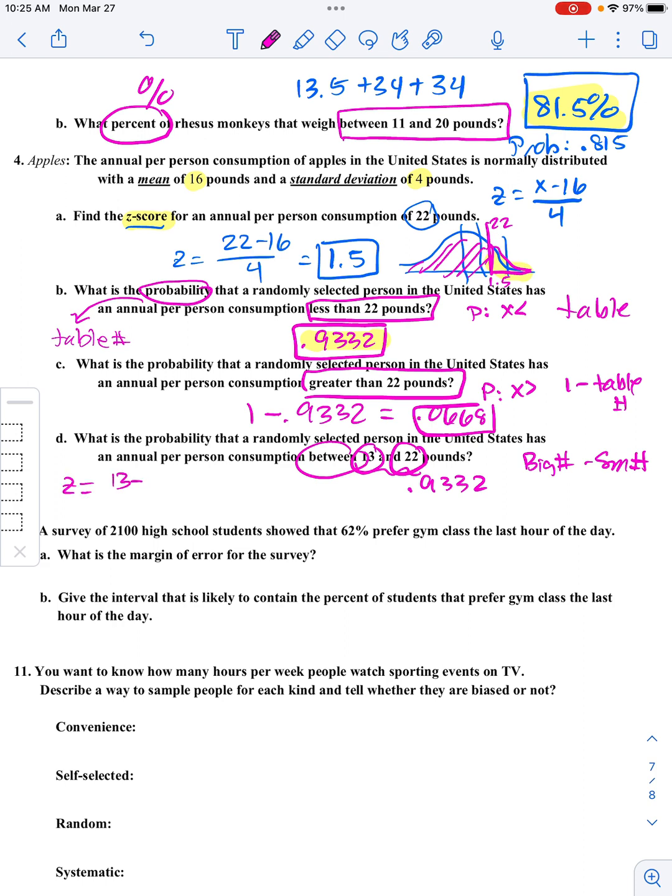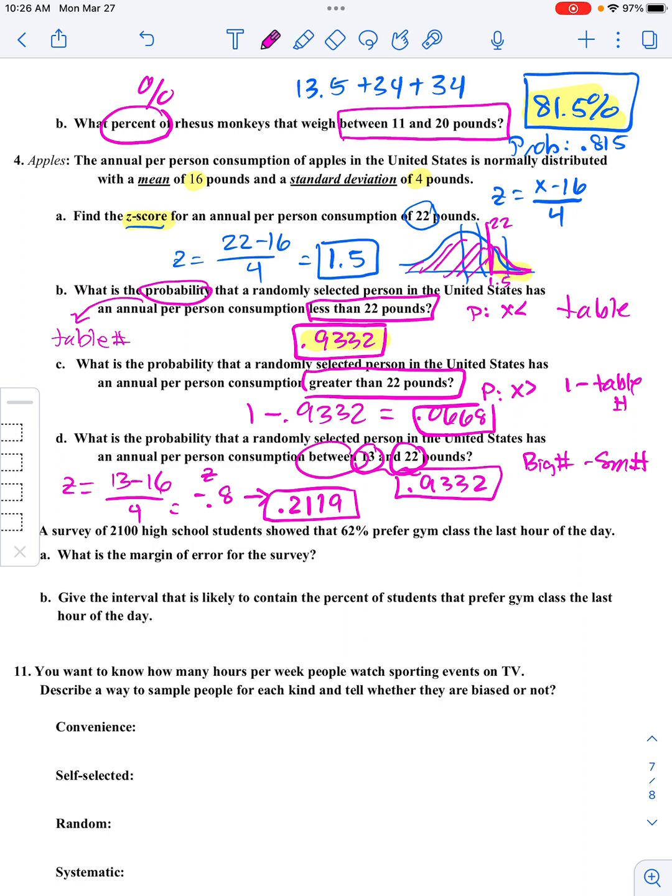So 13 minus the mean that they gave me over the standard deviation that they gave me is going to put me at a z-score of negative 0.8. That's a z-score. Then I look it up on my table, negative 0.8, and when I look that number up, I get 0.2119. So these are my two numbers.